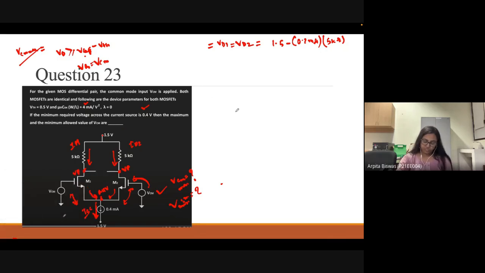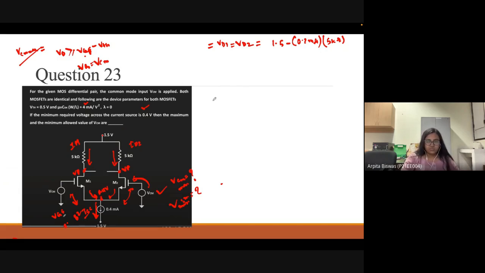Now we know the VGS1 or VGS2 value, which we calculated previously as 0.82.